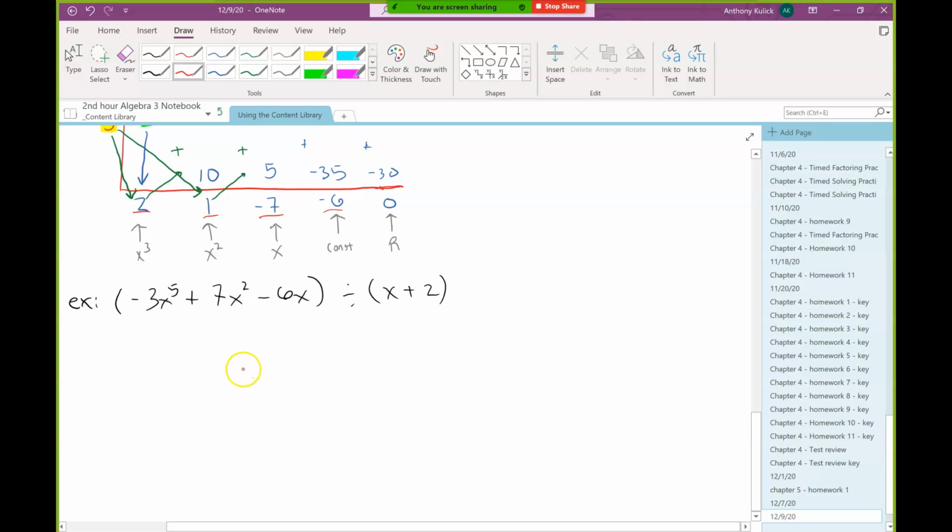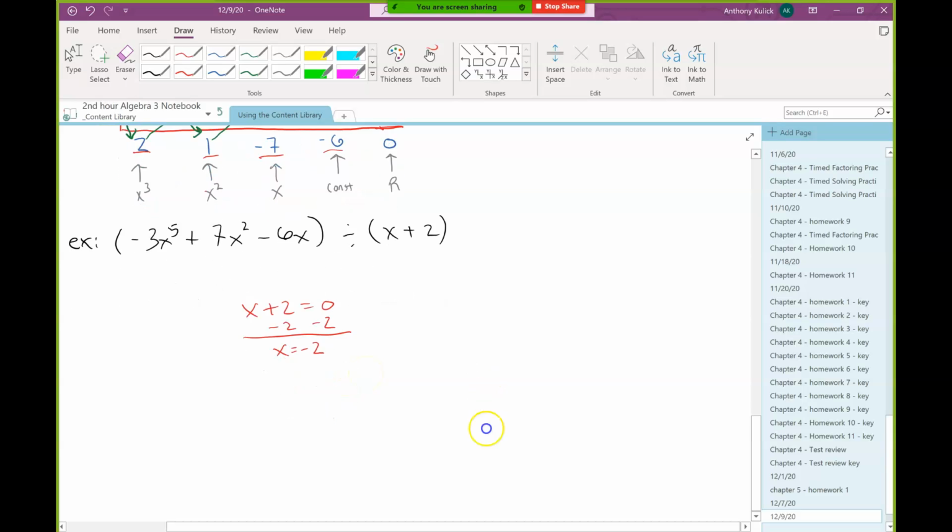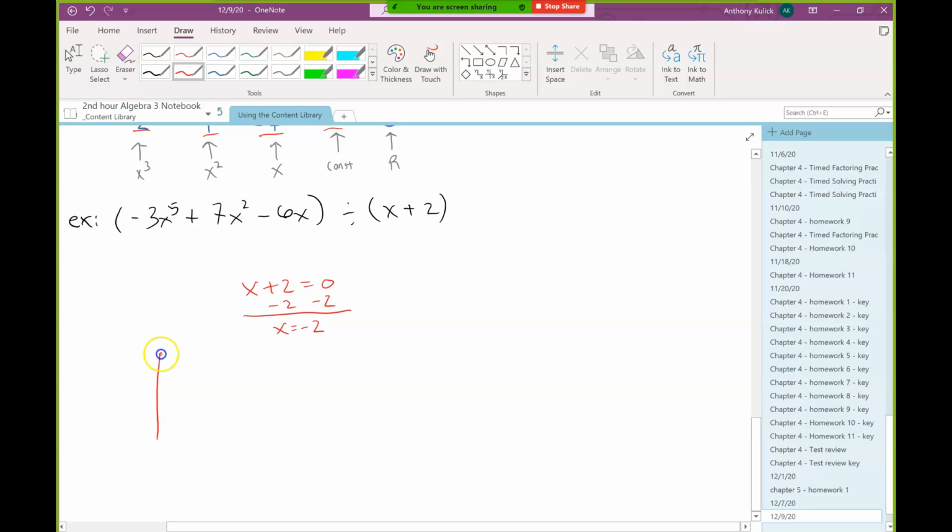So we'll start by taking our divisor, setting it equal to 0, and then solving. And then we draw our synthetic division bar. That solution to the divisor set equal to 0 goes on the outside. And then the coefficients from our dividend go on the inside.